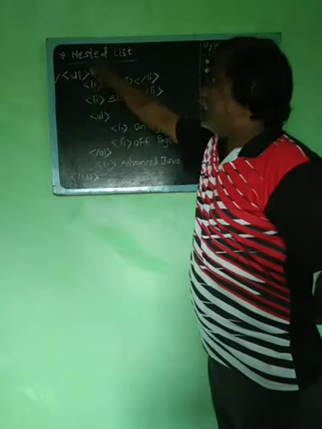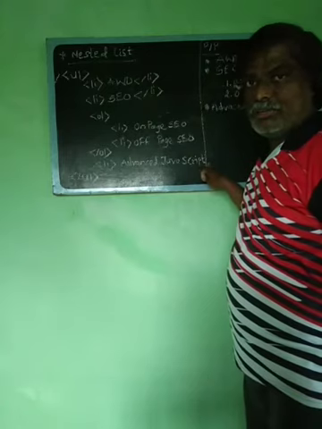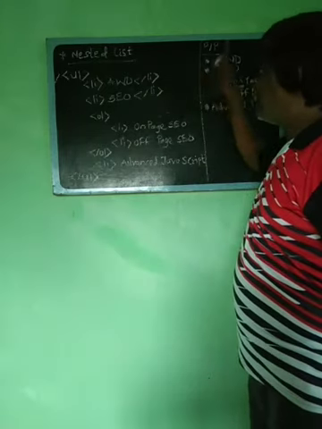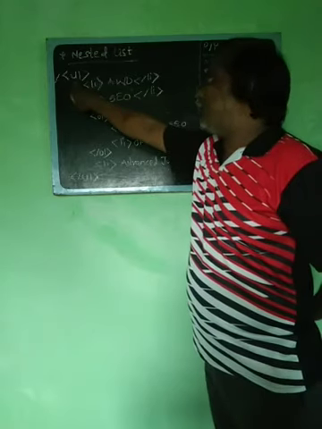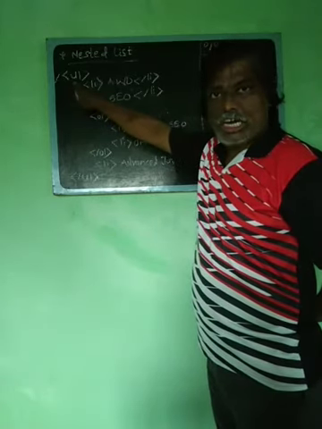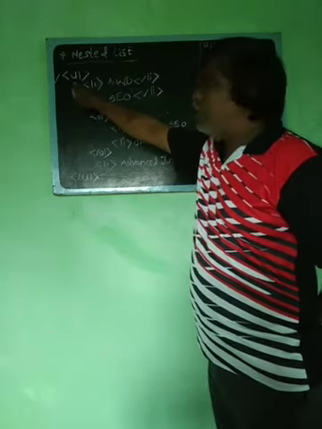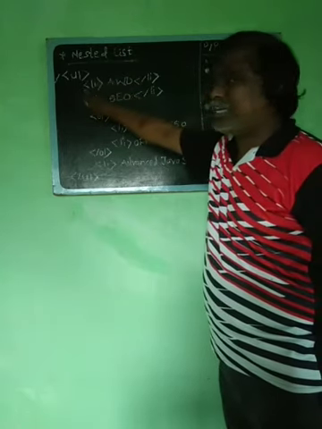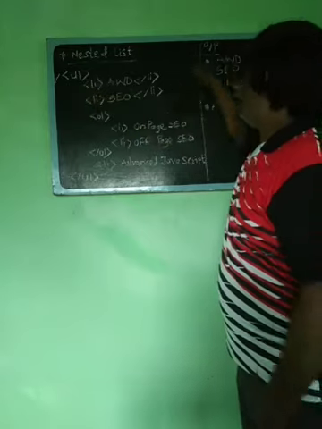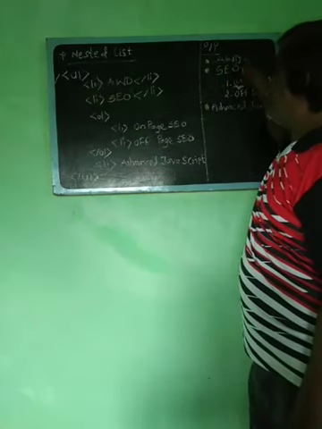So that is called a nested list. Once again I will repeat it. First, the UL tag. UL tag means unordered list. It contains the list item AWD, and because of this list item we get the first list item AWD.